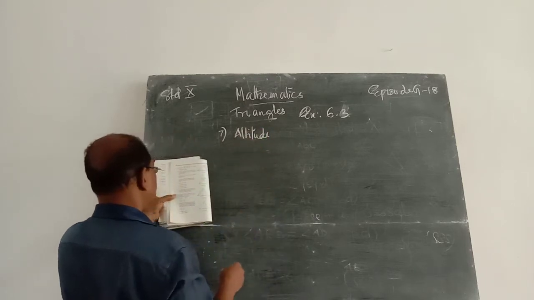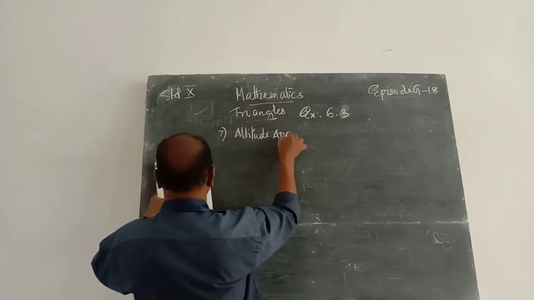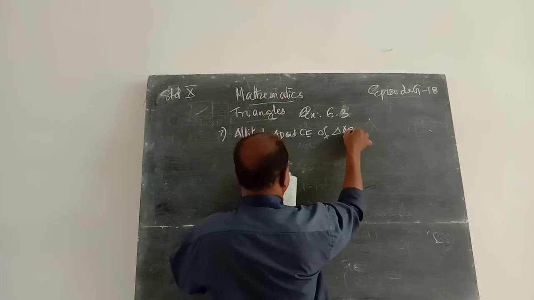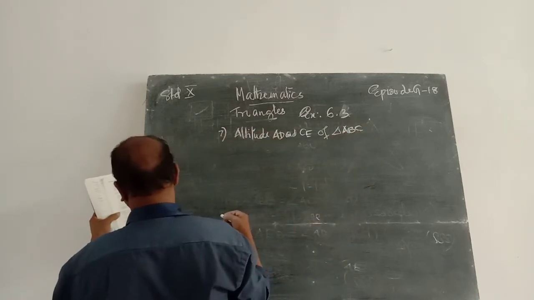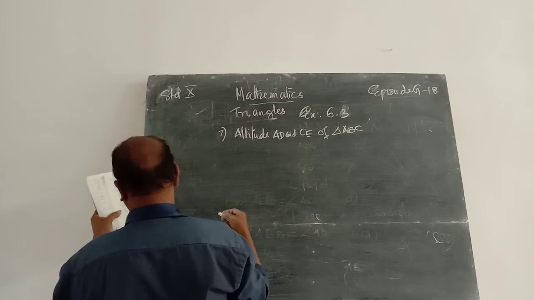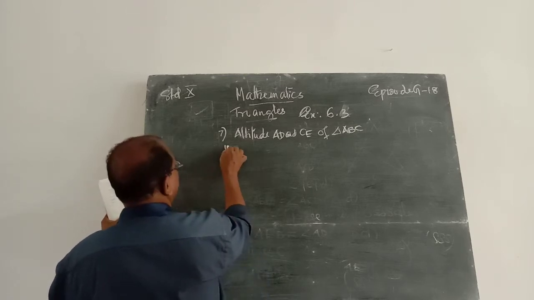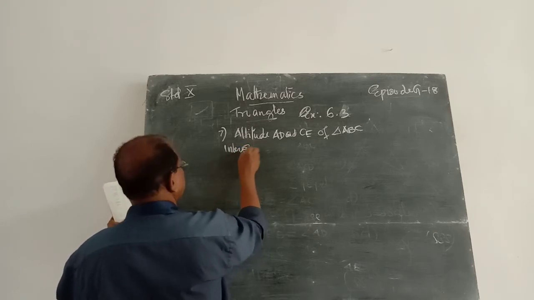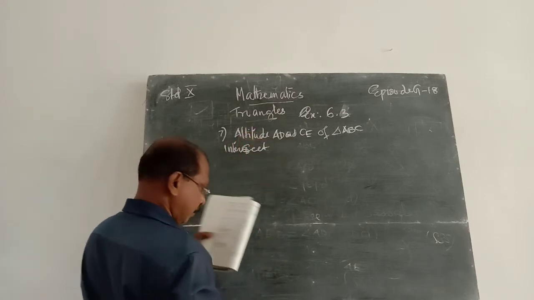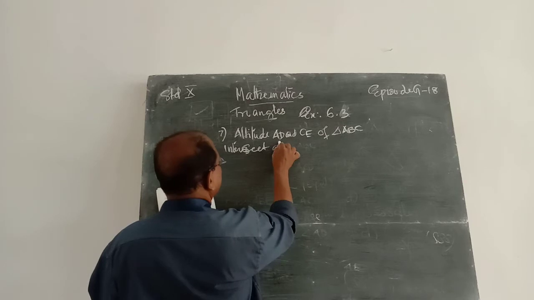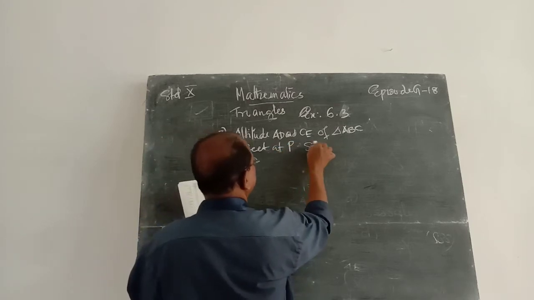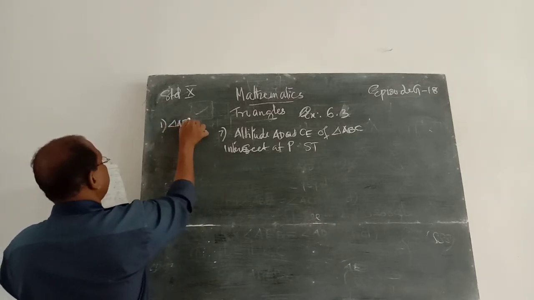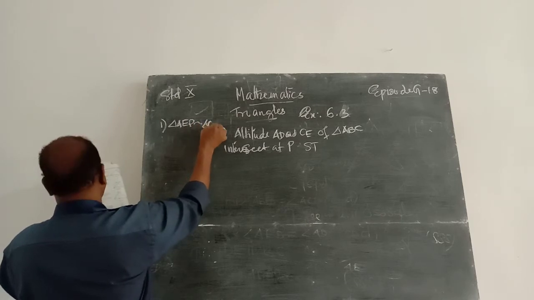Altitudes AD and CE of triangle ABC intersect at P. Show that question number 1, triangle AEP is similar to triangle CDP.